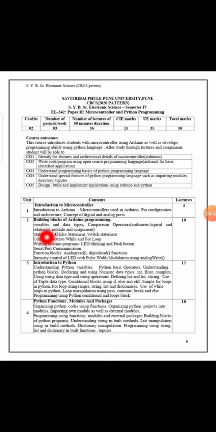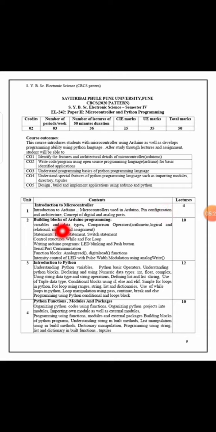So in chapter 1, let us start with Introduction to Arduino: the microcontroller used in Arduino, pin configuration and architecture, and the concept of digital and analog ports. In chapter 1 I am going to explain the Arduino microcontroller hardware.